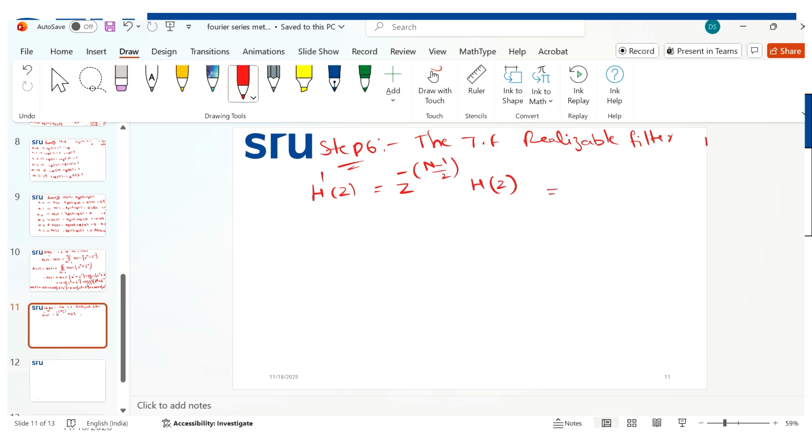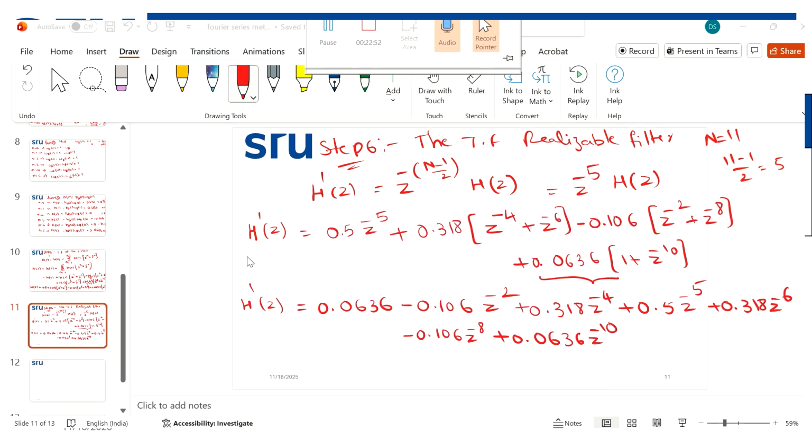So N value is 11, 11 minus 1 by 2 is equal to 5. So z^-5 into H(z). Where you have H(z) already, multiply that H(z) with z^-5. Then I will get the realizable filter transfer function H'(z).